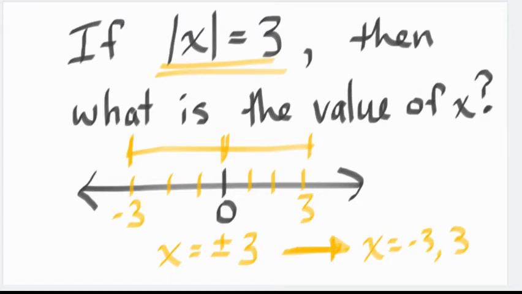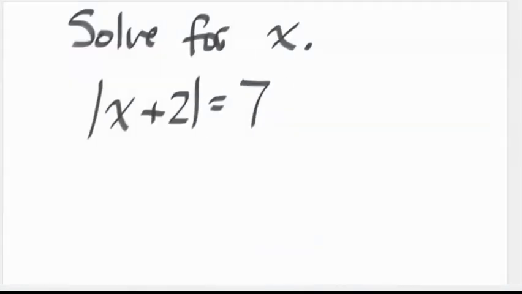Looking at an even more advanced question. Again, we have the absolute value equal to 7, so that's saying that the distance of the stuff inside the absolute value is 7 away from 0. Now, it's a little more complicated in that it's x plus 2.